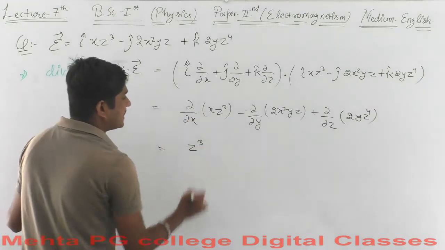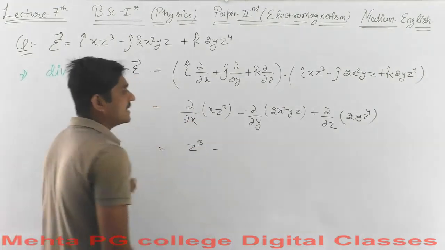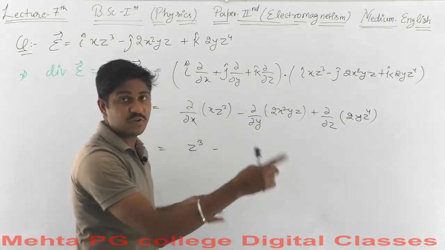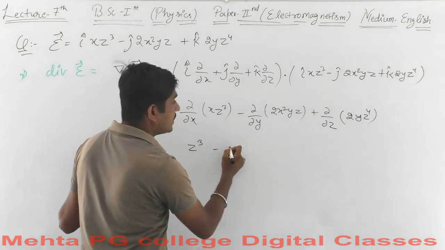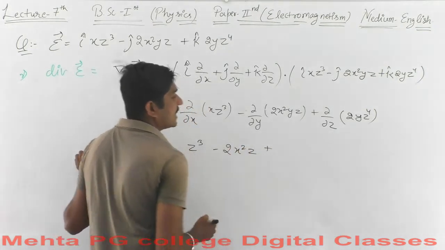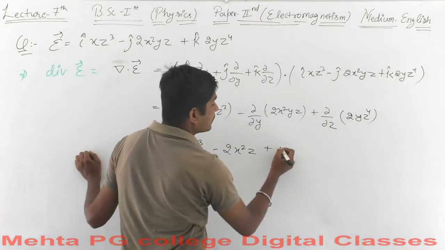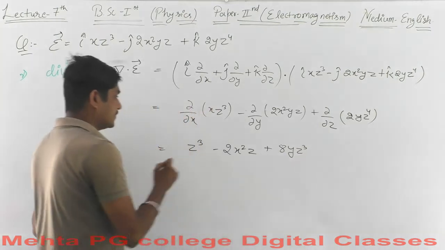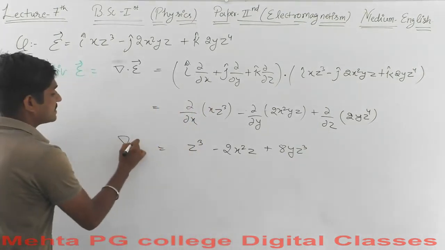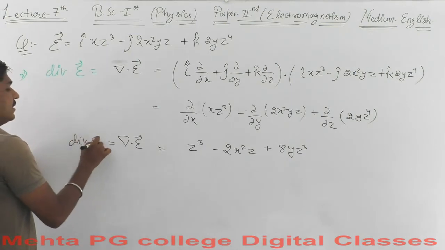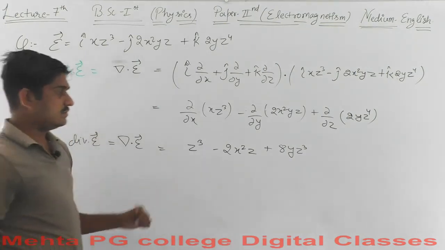It will become z cube minus, the derivative will exist for y only, so minus 2 x square z, plus it will be 8y z cube. So this is del dot E vector, or simply the divergence of E vector.